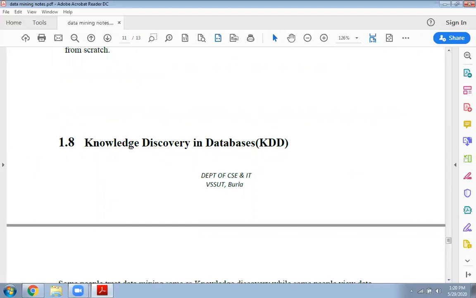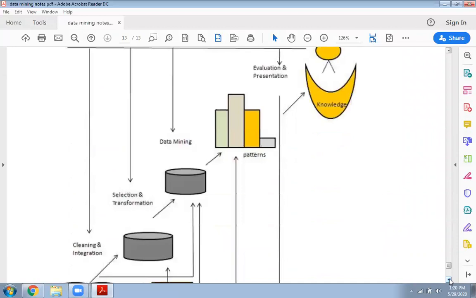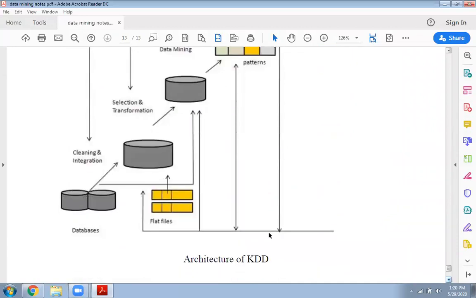We often say that the entire step that we have discussed, data mining, is a part of this. And the bigger term is knowledge discovery in databases. But we simply say data mining. In this graph you can see, this is knowledge discovery in databases.